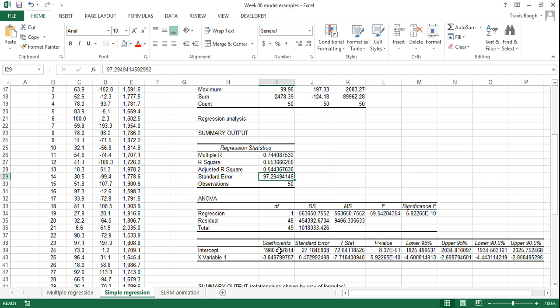So this is an estimate of the intercept coefficient. In my population model, I know that this is 2000, so it's fairly close to the true value. And this is an estimate derived, as this one was, using the least squares estimators.